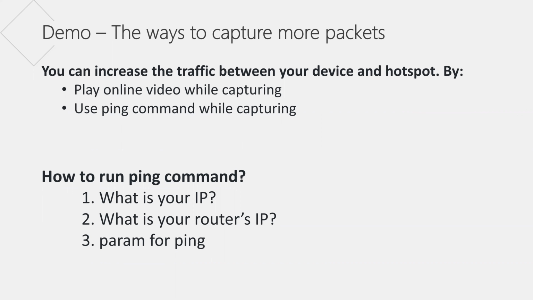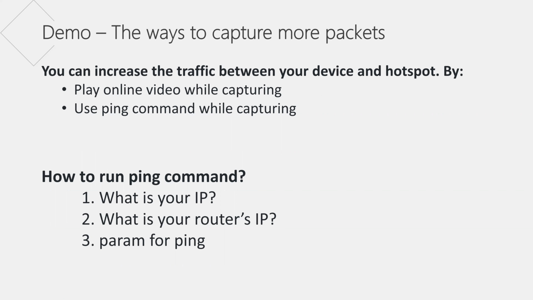So let's talk about how to increase the packets that we can capture each second. The basic idea is if you can capture any packet with the ISS data, then you can simply increase the traffic to increase the amount of packets.